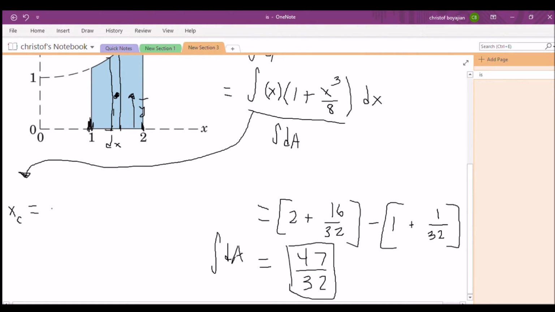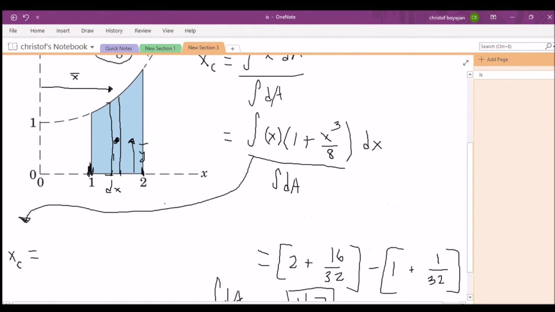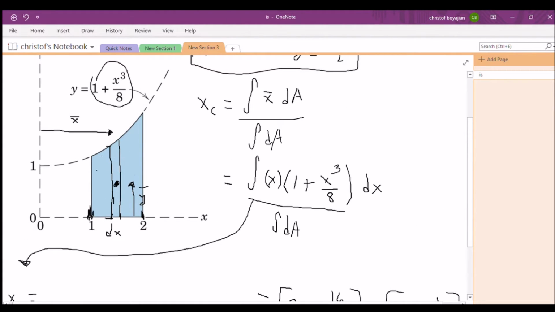So our limits, let's actually tackle that now. Again, we're adding up all of these centroids. We've solved for all of the areas, the cross-sectional areas, but now we're solving for all of the centroids. So let's put some dots all around here.